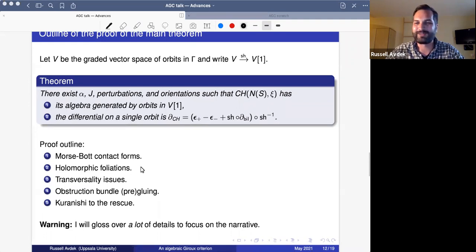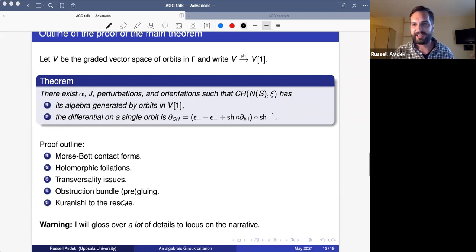And if things are too nice, you know you're probably in trouble. We'll run into some transversality issues, and in order to deal with them, we'll do some obstruction bundle gluing type of analysis. That tells us how to study the problem, but doesn't give us the answer because we have to perturb away non-transversely cut out things. And for that, we'll use some Kuranishi techniques.